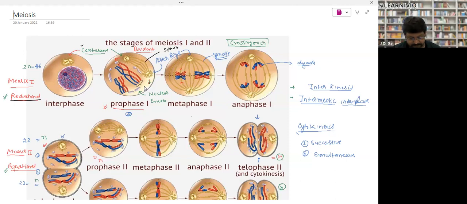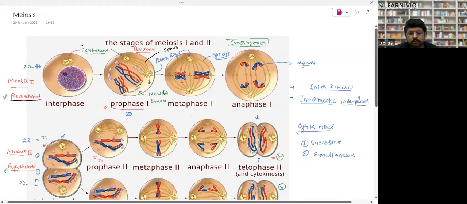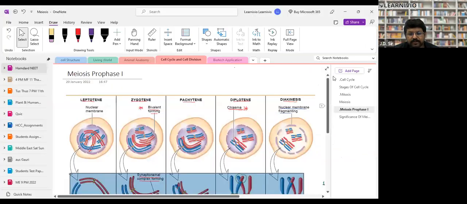Prophase first is divided into five subphases: leptotene, zygotene, pachytene, diplotene, or diakinesis. So this prophase first has been divided into these substages.